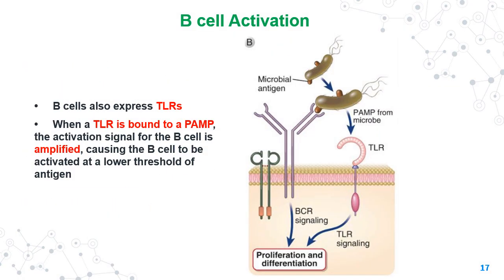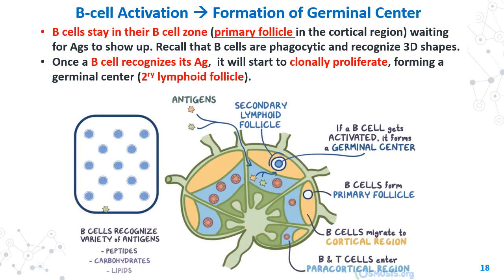Here's the other example of T-independent activation, right? Toll-like receptor. All right. So now B cell got activated. Here we are at the lymph node. We are here at your B cell zone, right? And now you are going to start to proliferate that cell. When the cell starts to divide, you call this B cell zone a primary follicle.